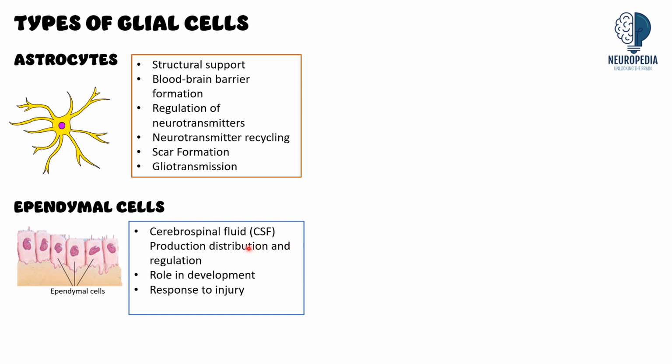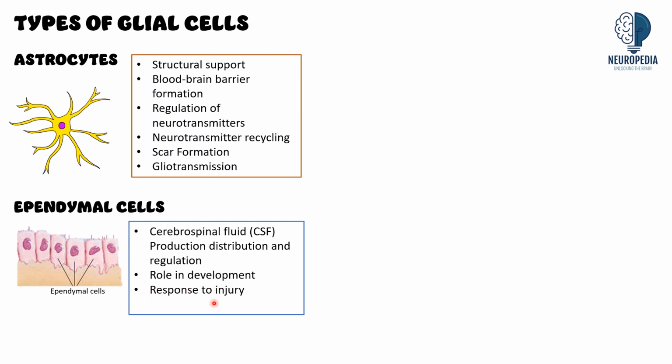CSF provides mechanical protection, delivers nutrients and hormones to neural tissue, and helps remove waste products. Role in development. During early embryonic development, these ependymal cells contribute to the formation of the neural tube, which eventually develops into the brain and spinal cord.